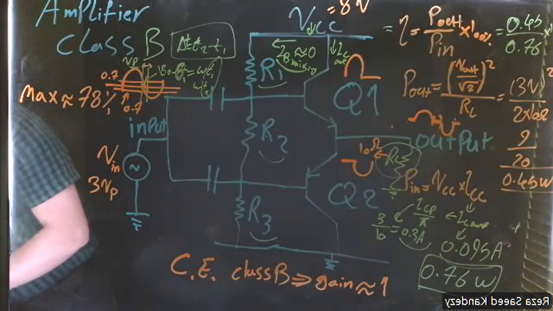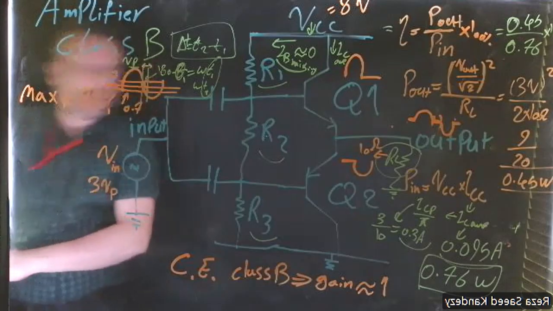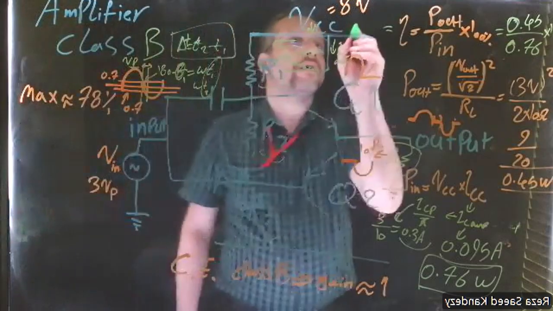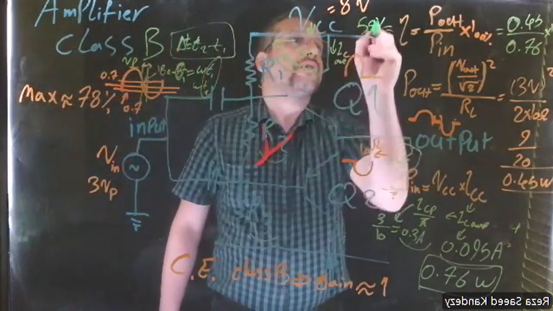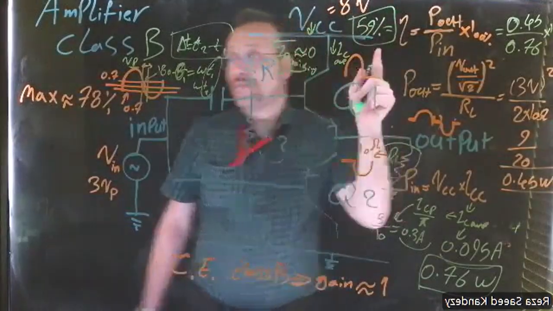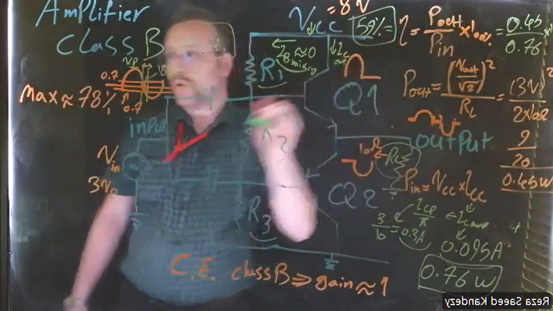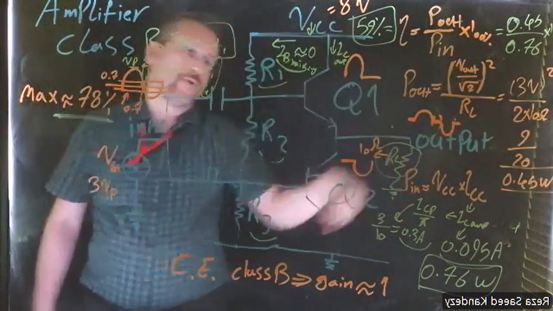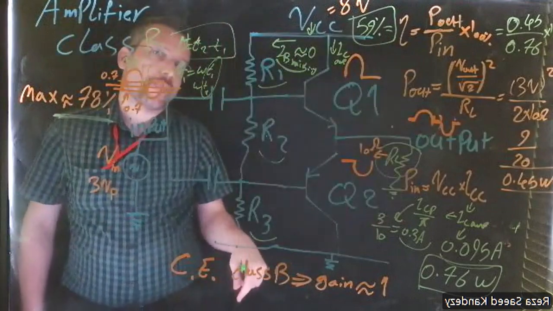It's 45.45 over 0.76, which is 59%. So this is our efficiency, which is quite lower than the maximum. But this is for this specific circuit.